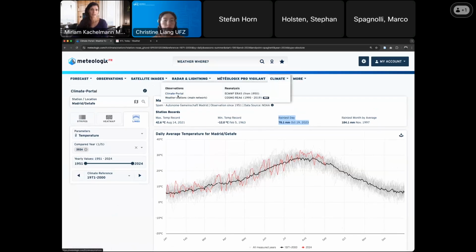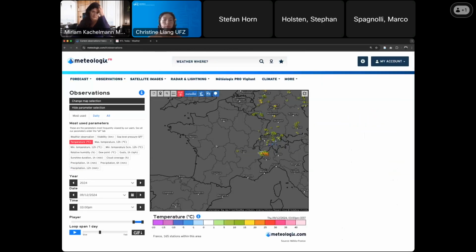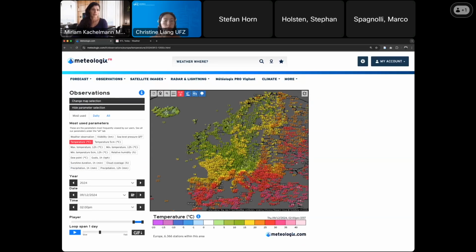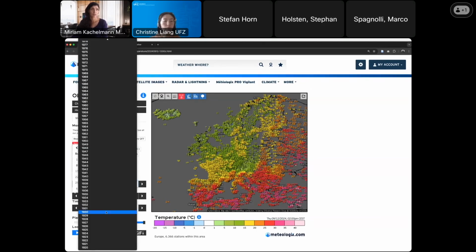And the other thing that we have done is we have this weather station main network that Stefan has already shown us before, where you can also go back in time and here change the year back to, in some places, actually back to 1700, where some monk in some church has done weather observations that we have digitalized and put into our portal.